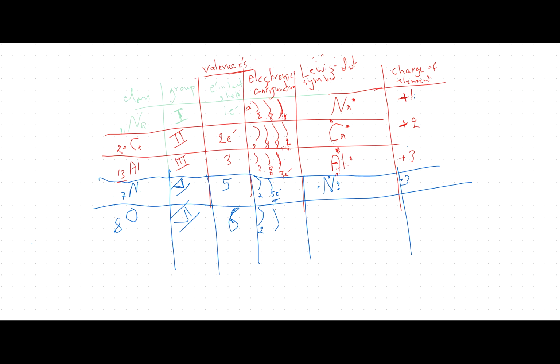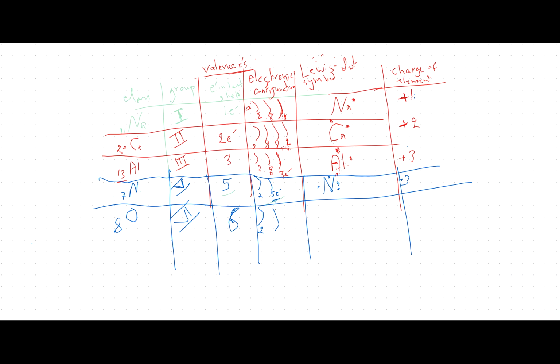It's 5 everywhere. Look here. Its valence electron is 5. Here it has 5 around it. So how much does it need to be saturated and obey the octet rule? Oh, so it means 3.